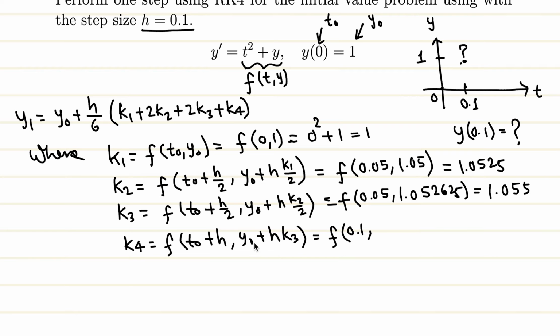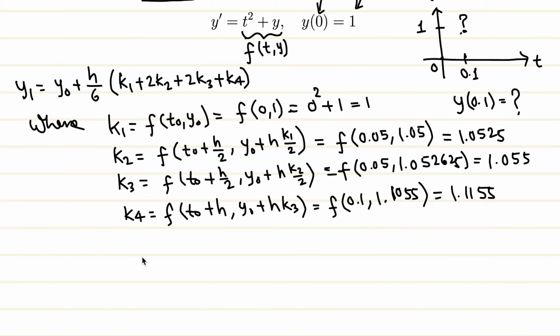Use your calculator: 1 plus 0.1 times this one, it will be 1.1055. Now this is f of t, y: t squared, 0.1 squared, plus y, it will be simply 1.1155.